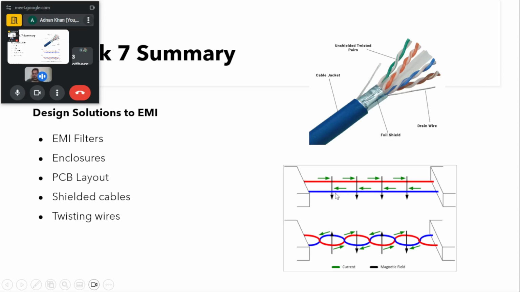If we apply the right hand rule, you can see the magnetic fields of both lines are in the same direction, which aid each other, and subsequently can generate higher EMI because of that. Now with respect to that, if we have twisted wire, here you can see a number of loops are made, one in the clockwise direction, one in the anti-clockwise direction.